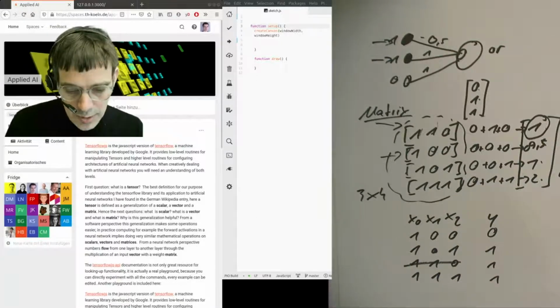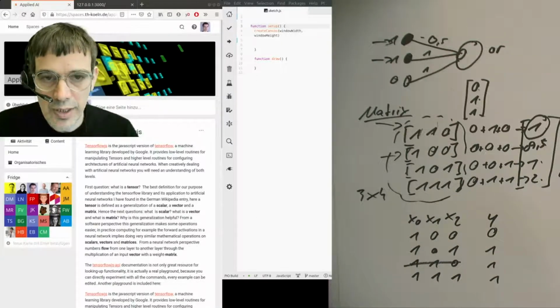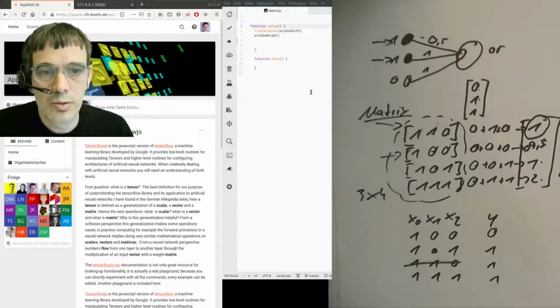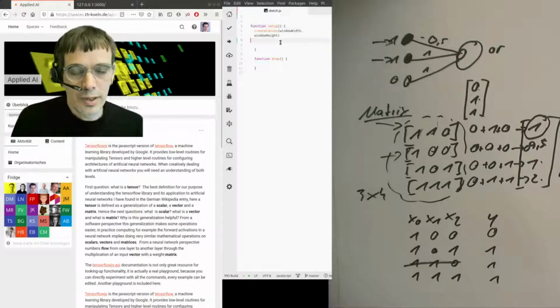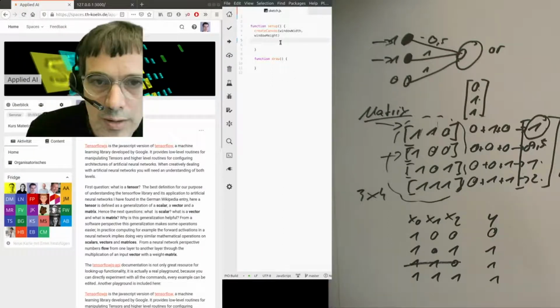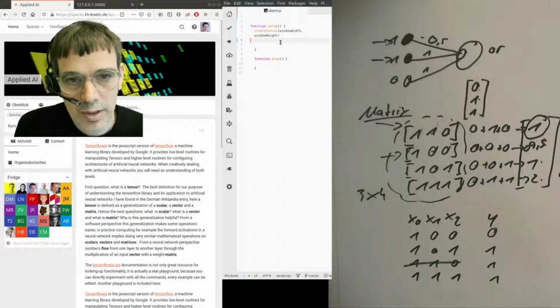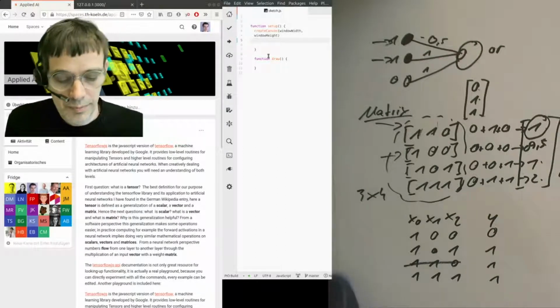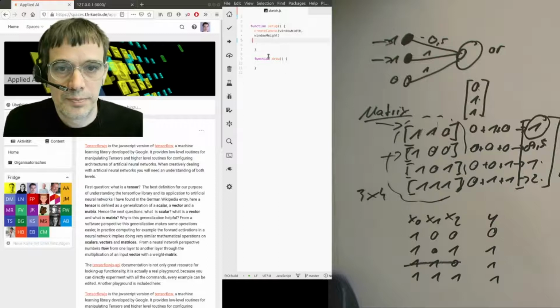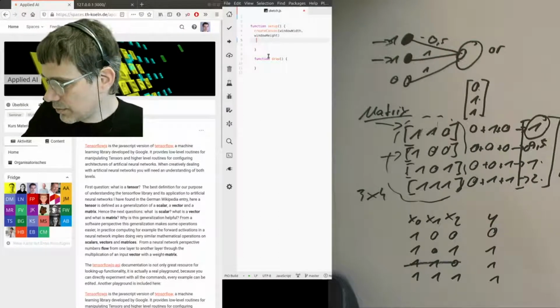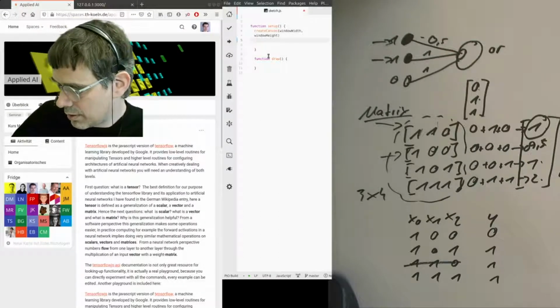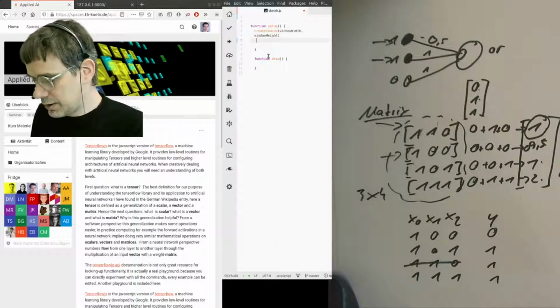And the next thing I want to do with you is to look at how one does this when using the TensorFlow library. So I have to find my cheat sheet. Where is it?